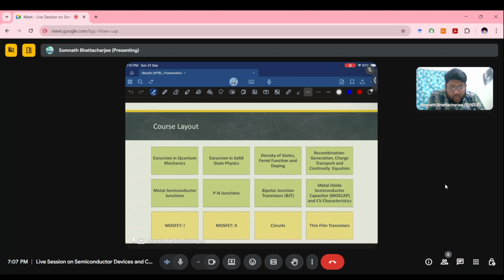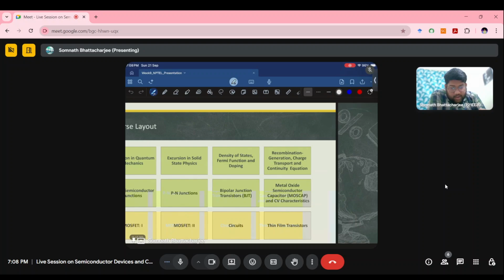So now our main focus moves towards the MOSFETs and their different characteristics. What kind of circuits can we implement utilizing these MOSFETs, like singular MOSFETs, and also with an array of these MOSFETs. And the final thing would be the more research kind of thing, that is the thin film transistors. I'm working on this field only now.